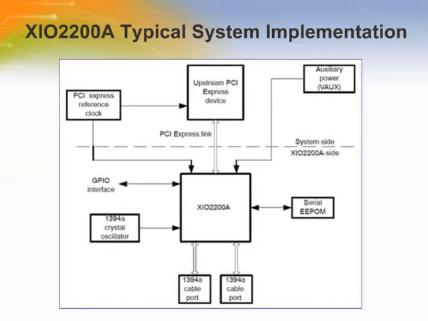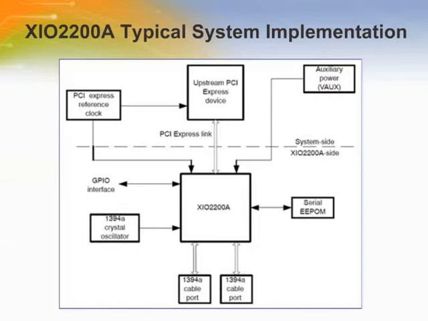The XIO2200A operates only with a PCI Express link as the primary interface and the 1394A cable ports as the secondary interface. The XIO2200A requires either a differential 100 MHz common clock reference or a single-ended 125 MHz clock reference.